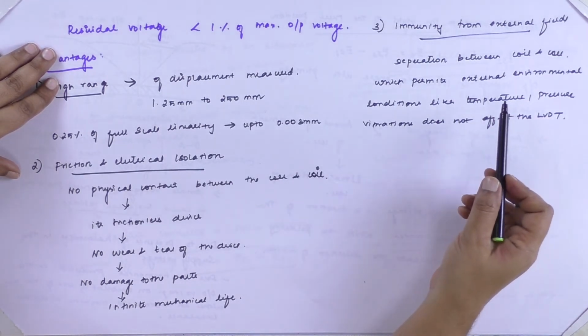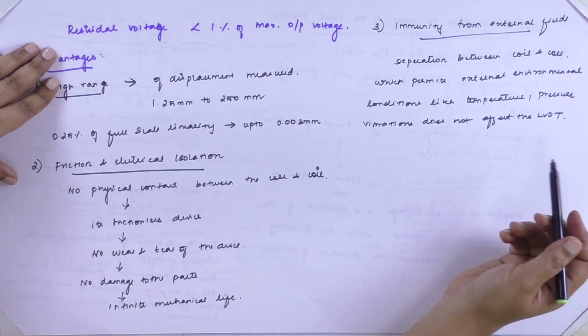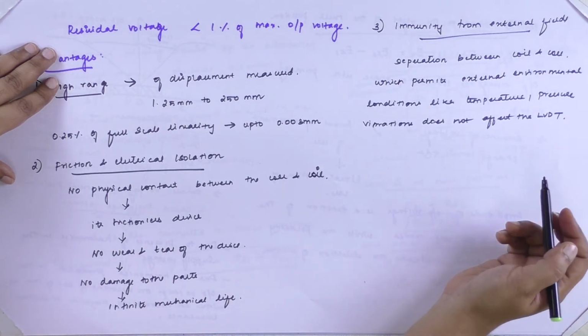Since there is a separation between the core and the coil, the external environmental conditions like temperature, pressure and vibrations do not affect the parts of the LVDT.